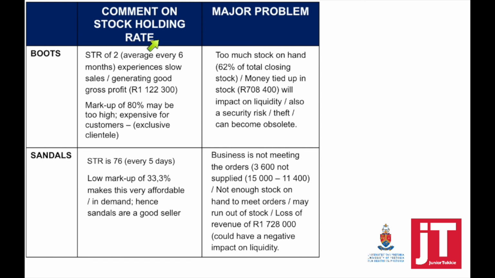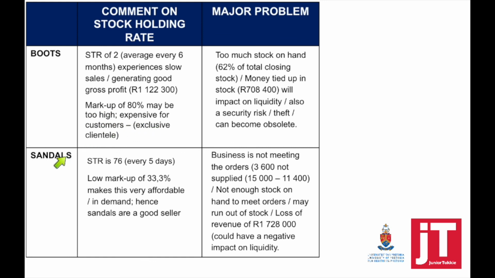So on your answer booklet, you would see that there's comment on the stock holding rate and a major problem. So if we look at boots, remember to quote figures. The stock turnover rate is 2, average every 6 months, experiencing slow sales, generating good gross profit. If you looked at the information given, the markup percentage of 80% may be too high, expensive for customers.